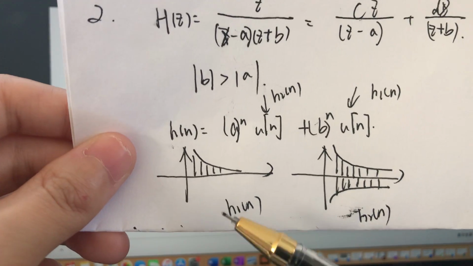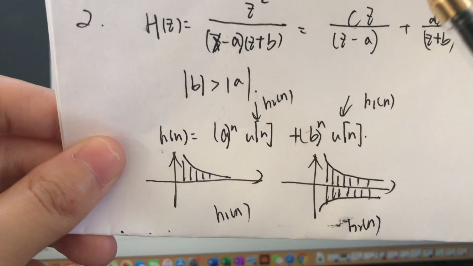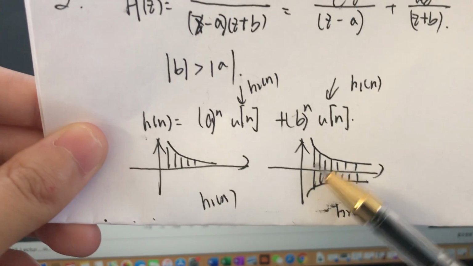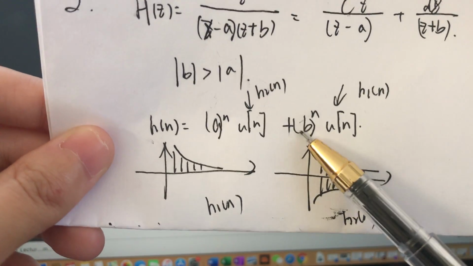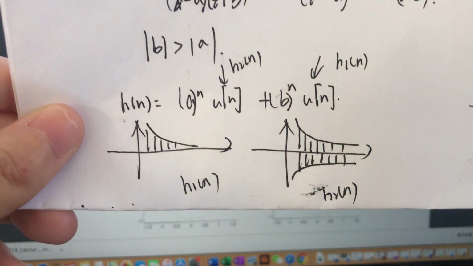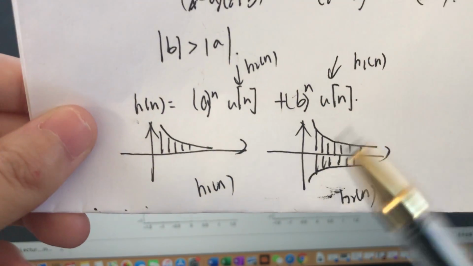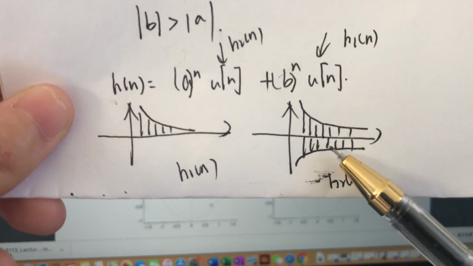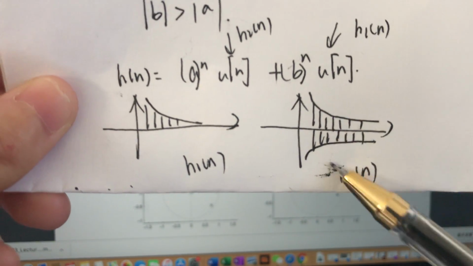Since this one is just the same as the last one, in diagram 2, and since B is negative, when n comes close to infinity, it will alternate between even and odd, so the value will be positive, negative, and so on.